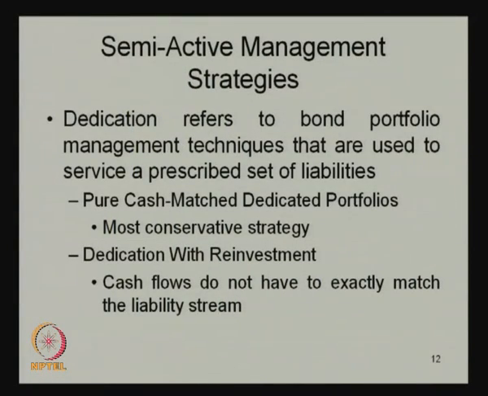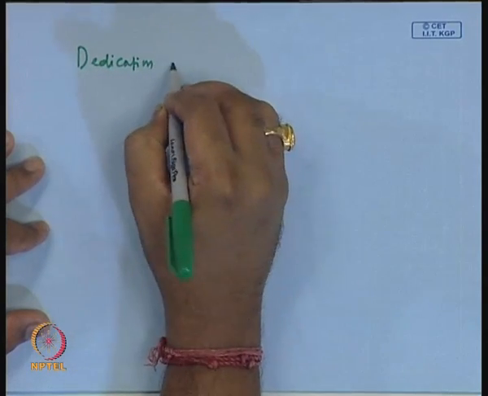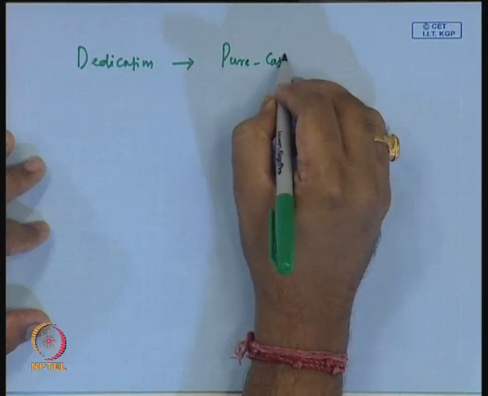Then we have another type of strategy, which we call the semi-active management strategy. Different books use different terms for this, but basically there are 2-3 approaches we use here. One is the dedication or pure cash matching strategy.